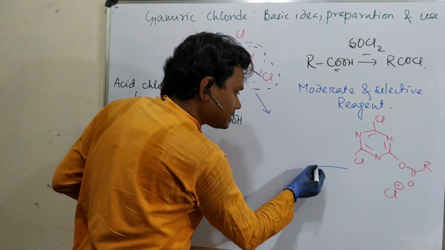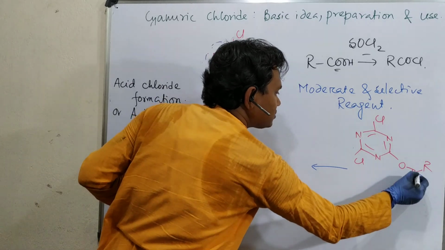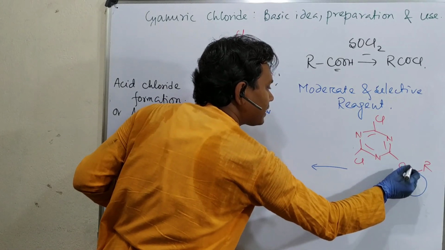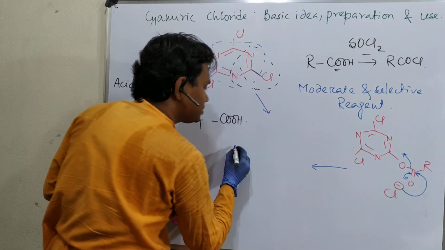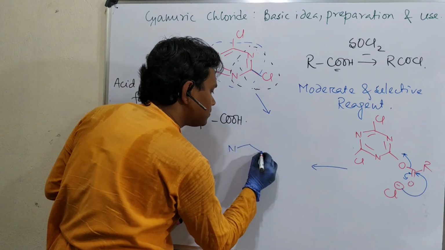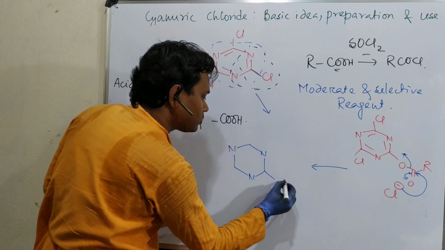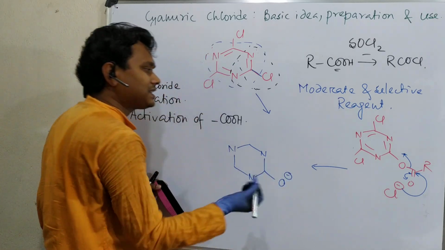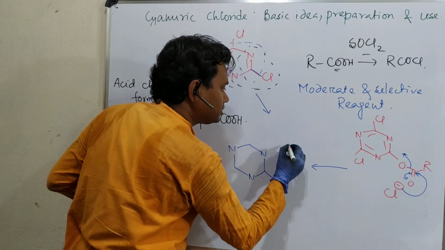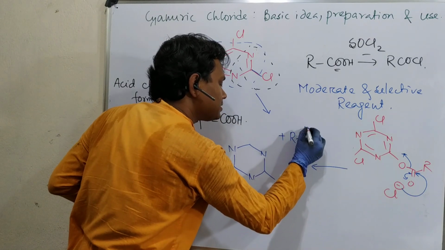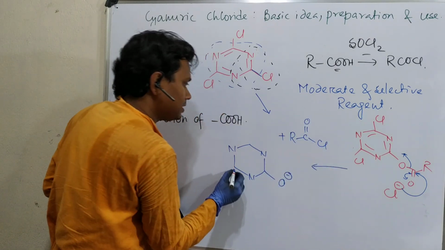But in this case, what will it result in? It will attack here, it will come back, and this. So what is expected that it will form? So this is O minus, okay, as Cl minus attacks. Along with that, what does it result in? R, CO, Cl, this is Cl.